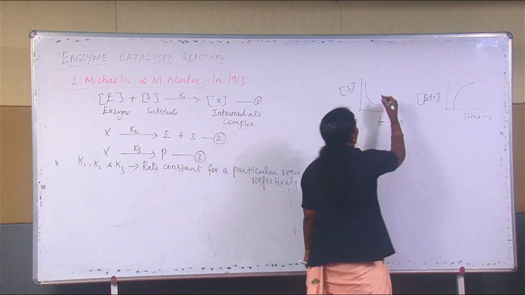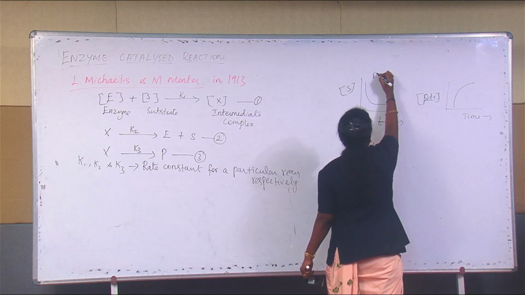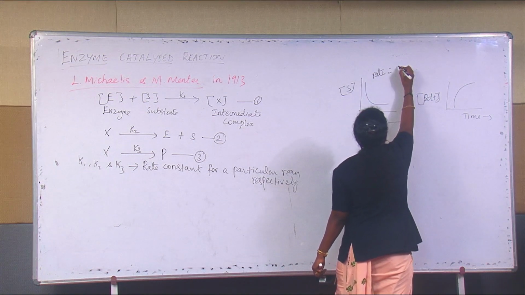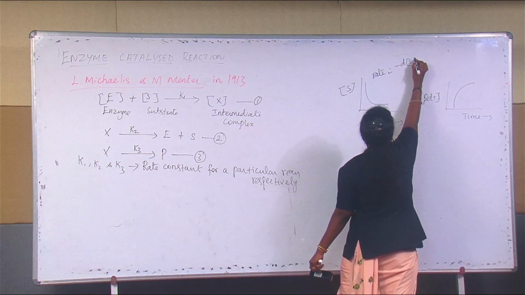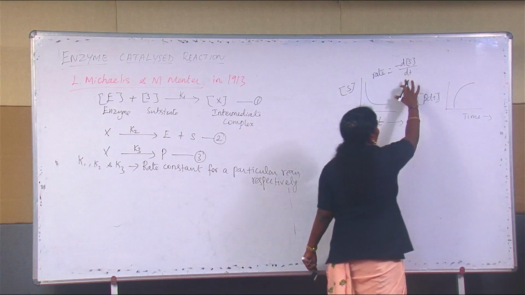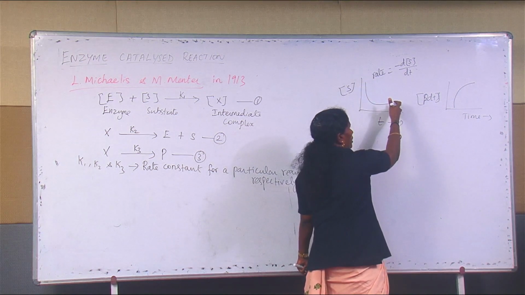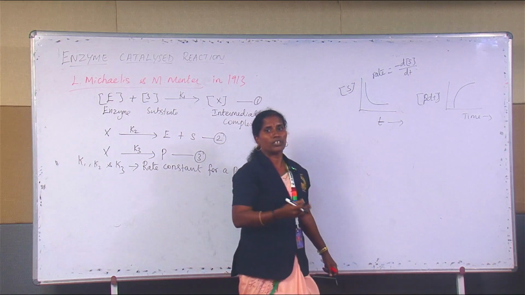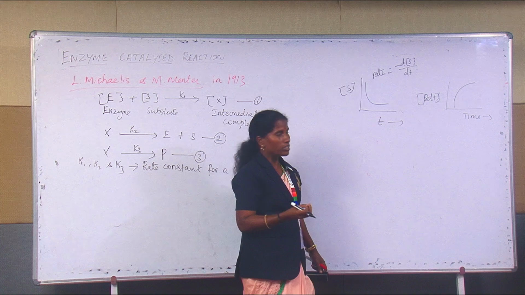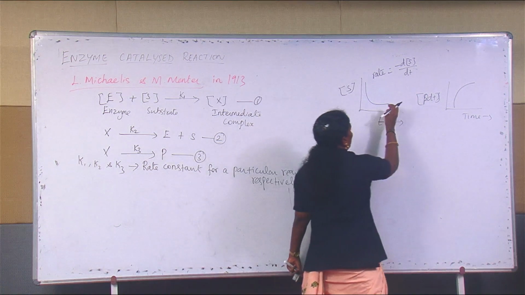So here we can write the rate equation: rate equals minus dS by dt, because the concentration of the reacting substrate decreases as the time increases.